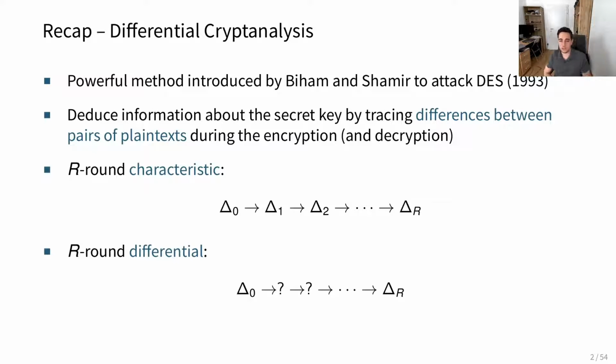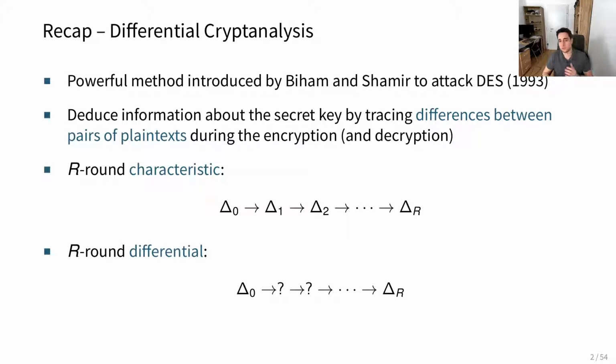Okay, so let's start with a recap. Differential cryptanalysis, the general topic, is now approximately 30 years old. It's a very powerful method, traditional, but also still today on some very specific schemes. The idea of differential cryptanalysis is to deduce information about the secret key.